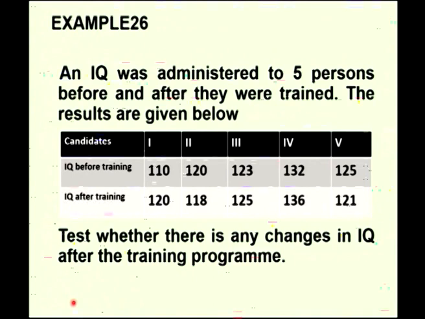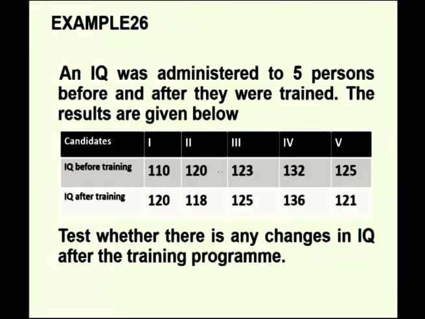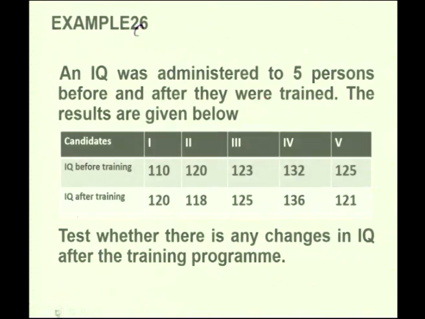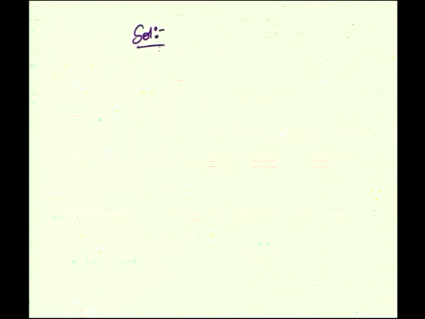What is the sample size? The sample size is 5 in each case. Therefore, n is equal to 5 and this is to be done with paired observations. That is the identification we have done with this problem: the sample is the same, with one set of sample before training and another set after training. So, first of all, let us start with H naught.